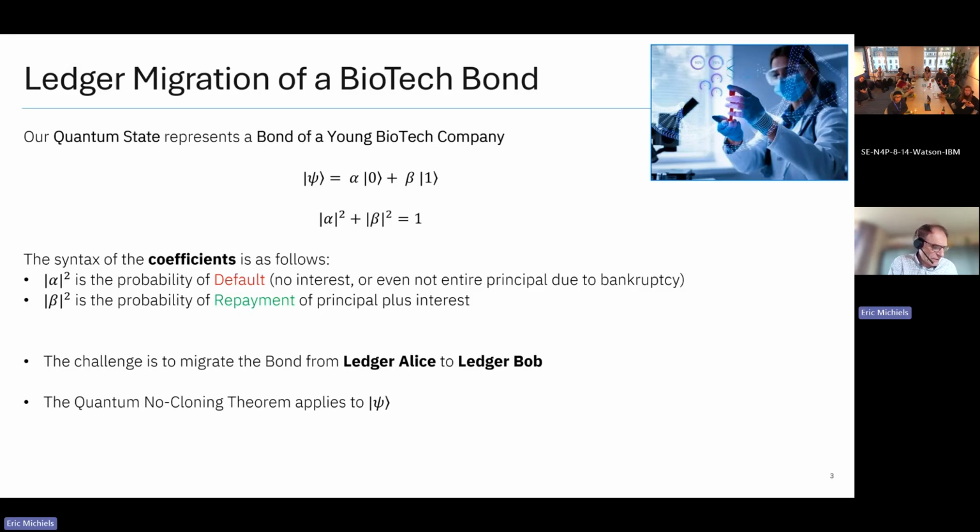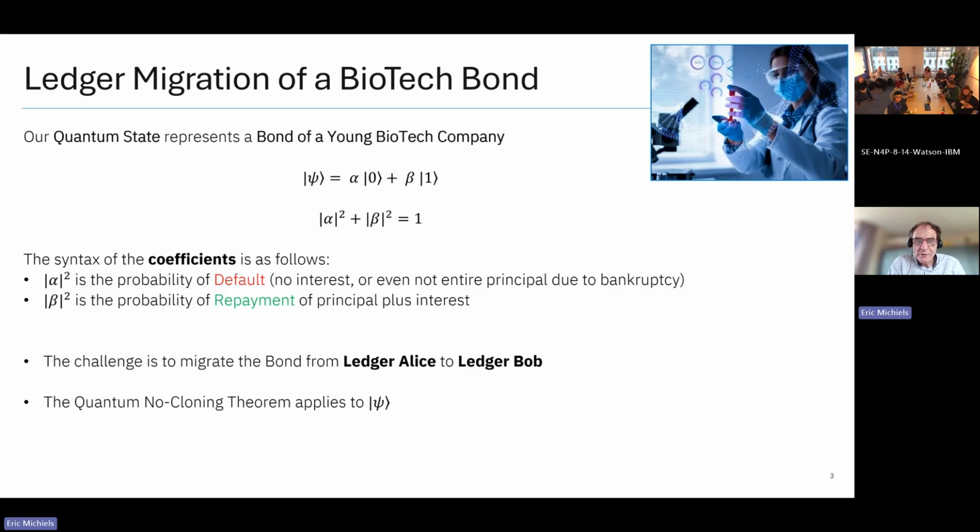And you know that the syntax of the coefficients is really important. The semantics is that alpha squared is the probability that you find 0 at the moment of measurement, and the square of beta is the probability that you find 1 at the moment of measurement.